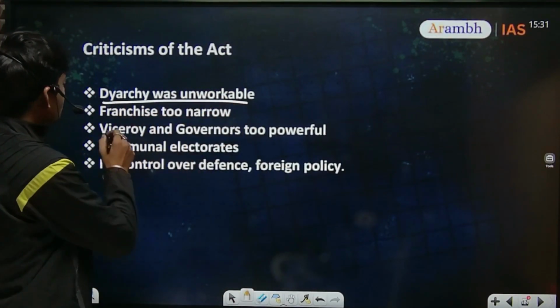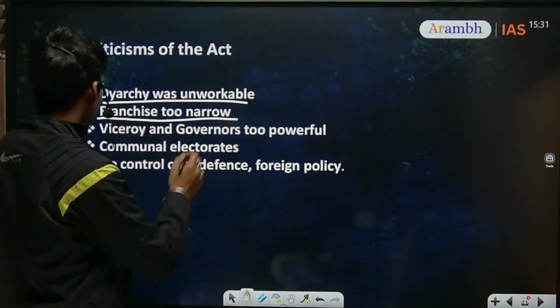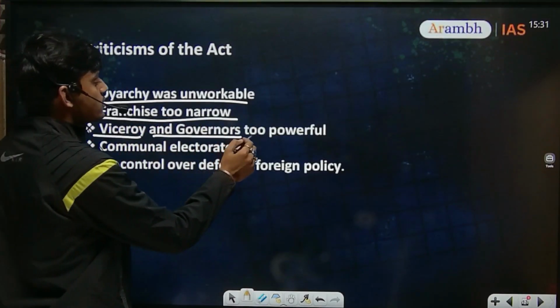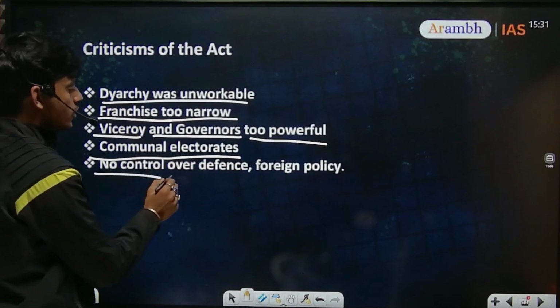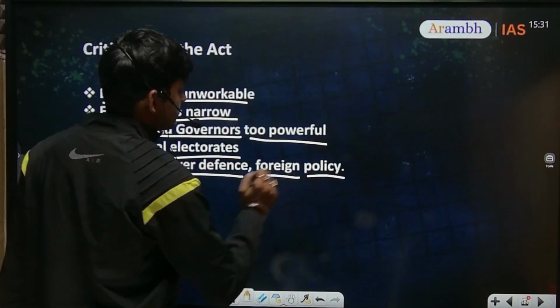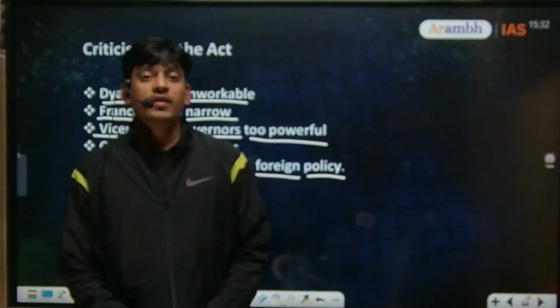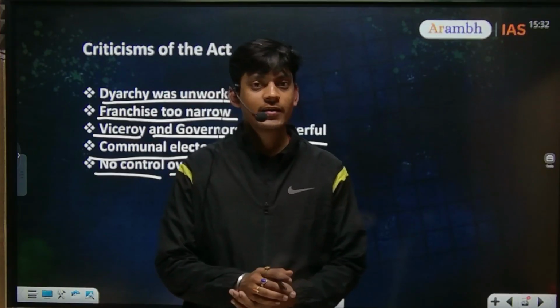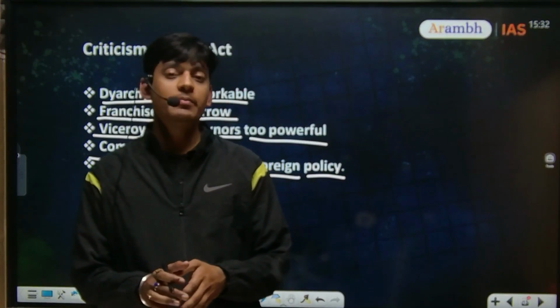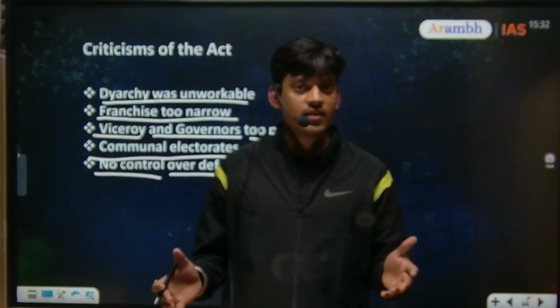Franchise too narrow. Viceroy and governors too powerful. Communal electorates, no control over defense, foreign policy. Understood? Now there is one quote: Indian leaders called it a sun without heat. It means it looks good but does nothing.